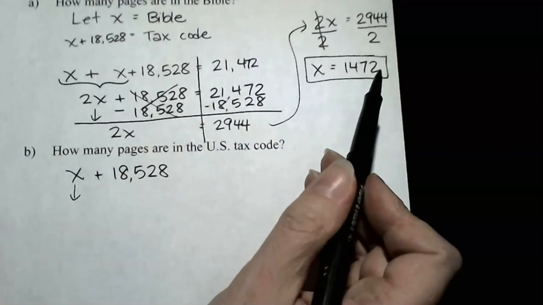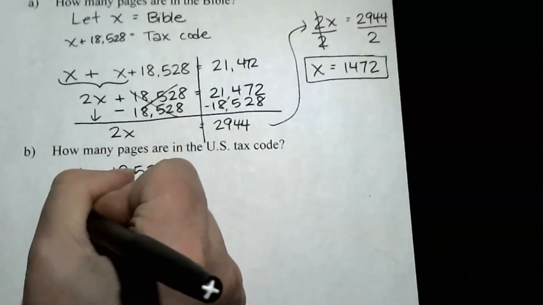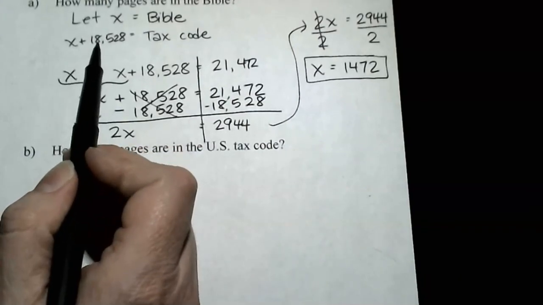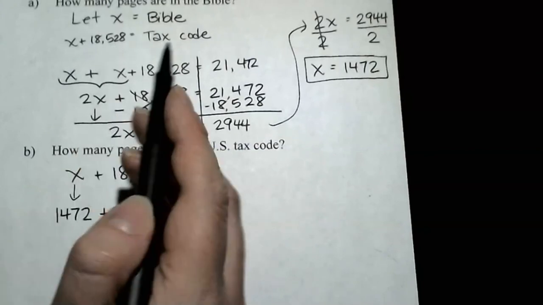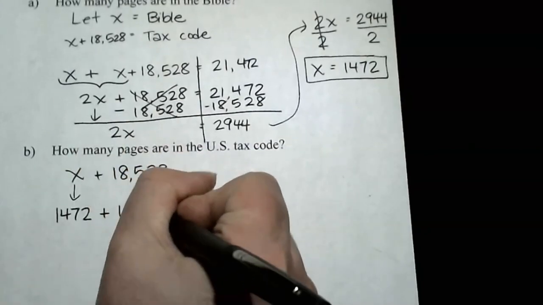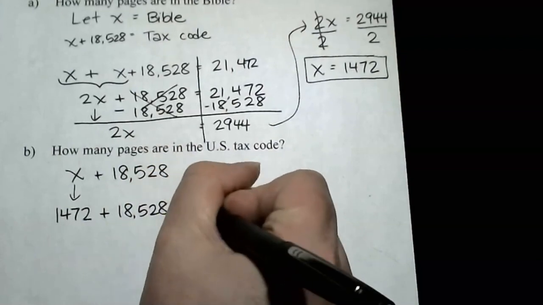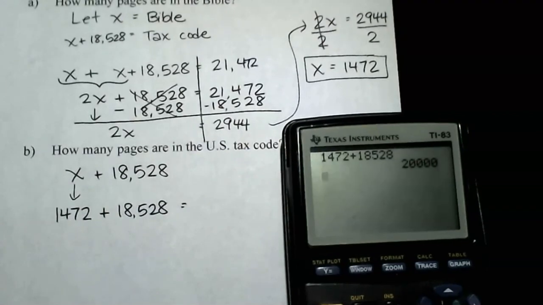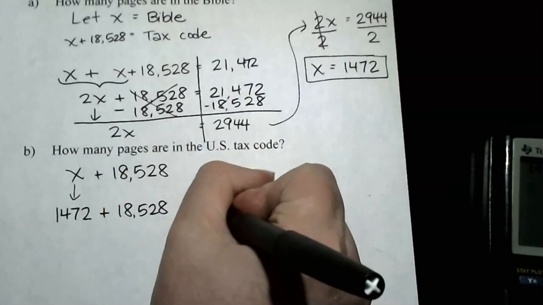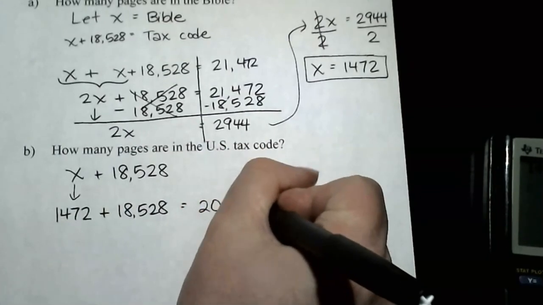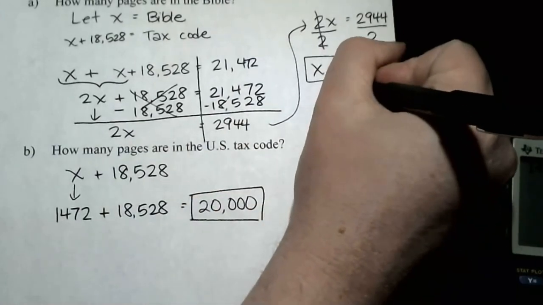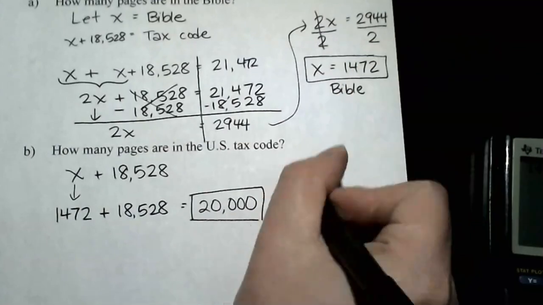So I'm going to plug in 1472 in place of X. And I'm going to add this 18,528 to it. And that's exactly 20,000. So this is the amount of pages in the Bible. Here's your tax code.